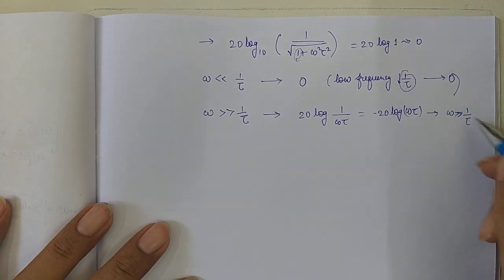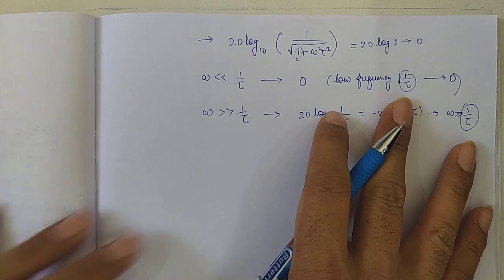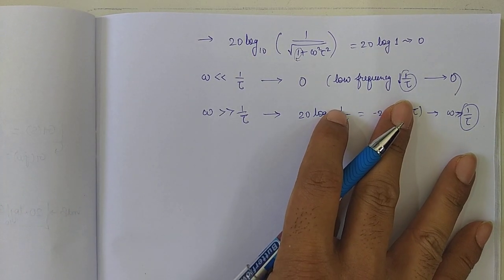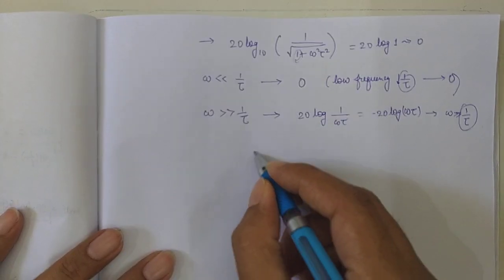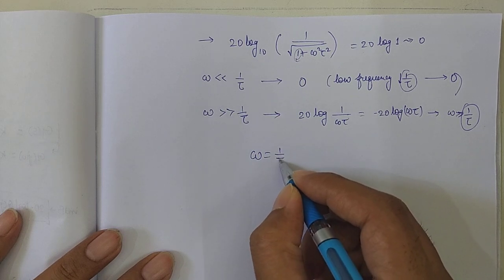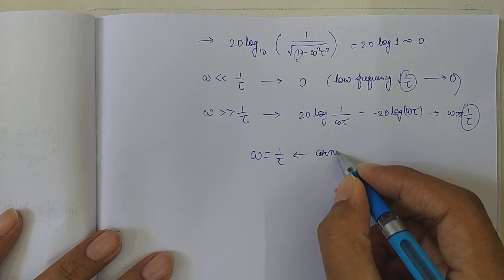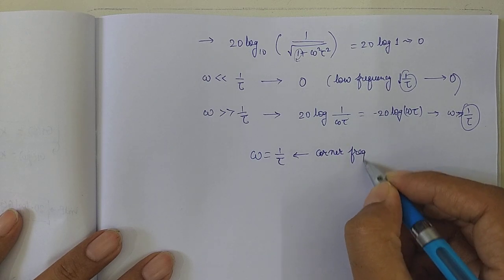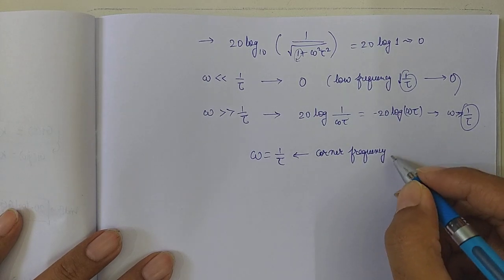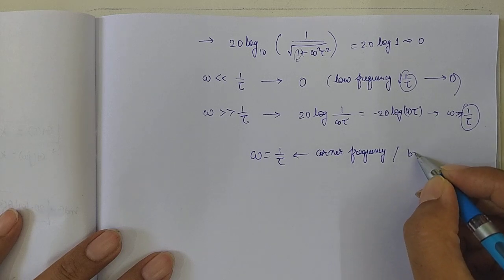So 1 upon tau is a critical frequency. At omega equal to 1 upon tau, this frequency is called the corner frequency, or breakpoint.